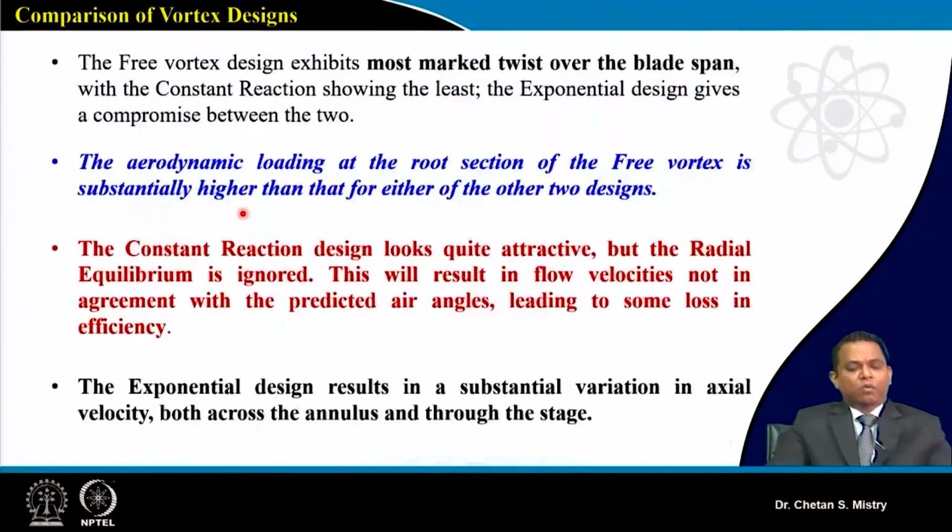Let's have a look at what we learn here. My free vortex design, as we have discussed, will give me highly twisted blades, and constant reaction gives less, and if we put in the exponential design approach, that will be a compromise between these two cases. So many times, rather than going with constant reaction design, people prefer to go with an exponential kind of design.